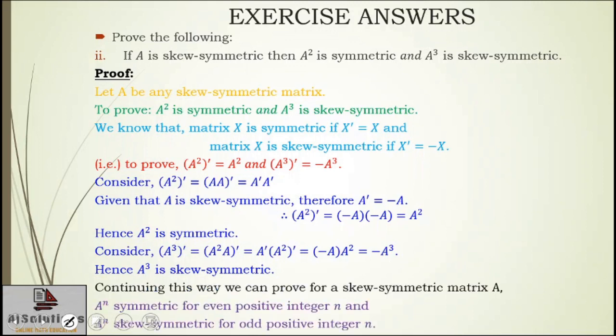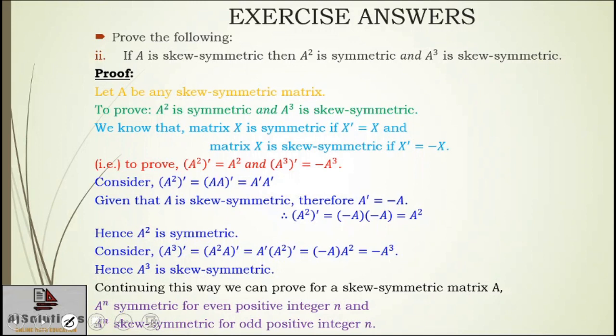So you are going to write this as a note point over here. This is a very important note point. For a skew symmetric matrix A, A raised to n is symmetric for even positive integer n. A raised to n is skew symmetric for odd positive integer n.